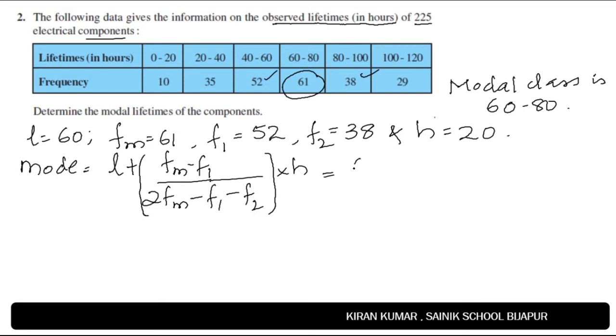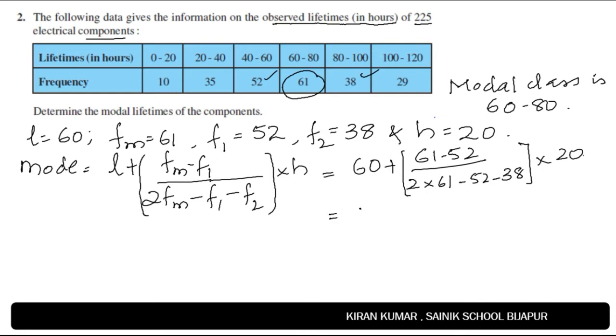Let us substitute the values: 60 plus 61 minus 52 upon 2 times 61 minus 52 minus 38, to be multiplied with 20. Therefore, we get 60 plus 9 divided by 122 minus 52 minus 38, which becomes 32, and this has to be multiplied with 20.